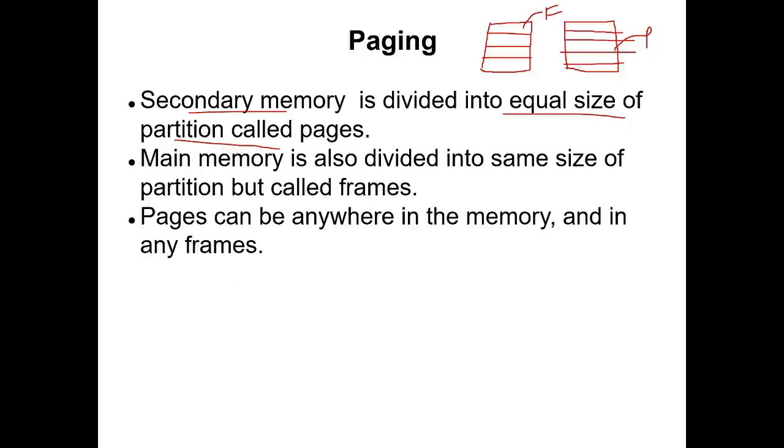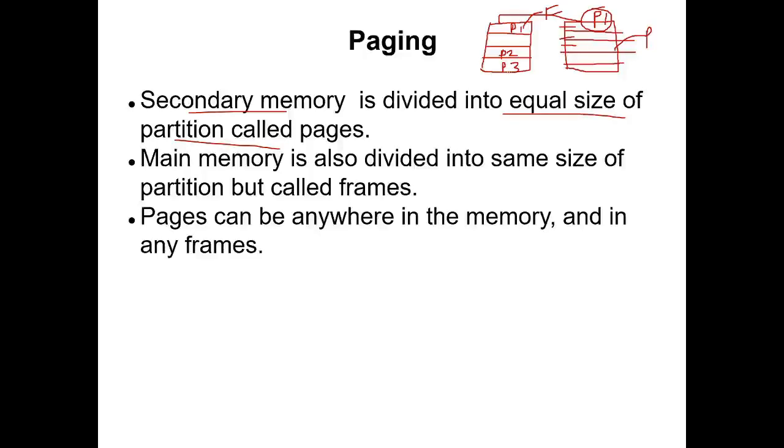Pages can be anywhere in the memory and in any frames. Processes have to be brought from secondary memory to main memory. Suppose there is a process P1 and it has taken 3 pages: page 1, page 2 and page 3. Whenever you bring it from secondary to main memory, it can be placed anywhere in the frames. Page 1 you can find here, page 2 can be in any other frame, and page 3 can be in any other frame.